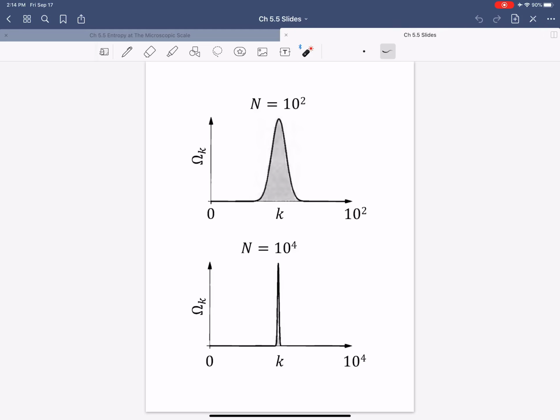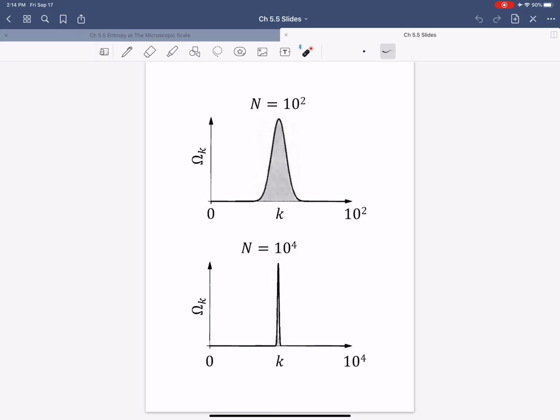If we increase our number of coins to 10,000, and we still plot the minimum and the maximum k values here, we see that our distribution is much narrower. In fact, it's almost a line there. Really, the only macrostate that you would observe, that has a reasonable probability of being observed, is the one that's right in the middle.